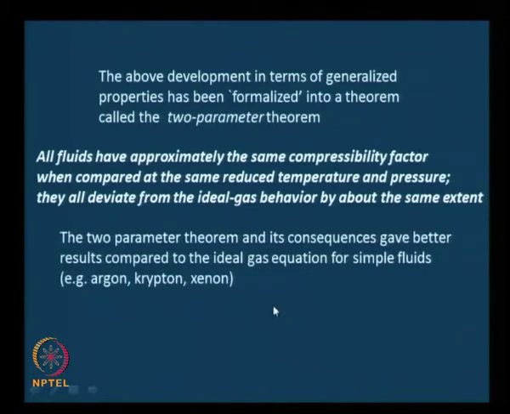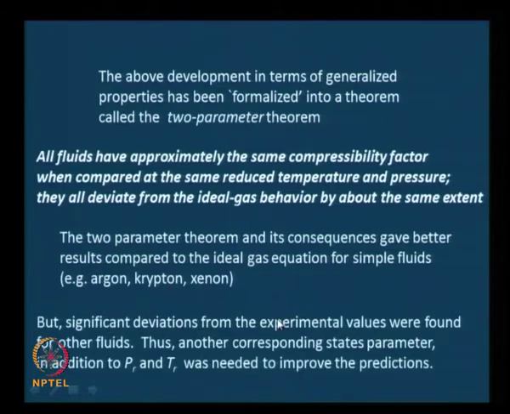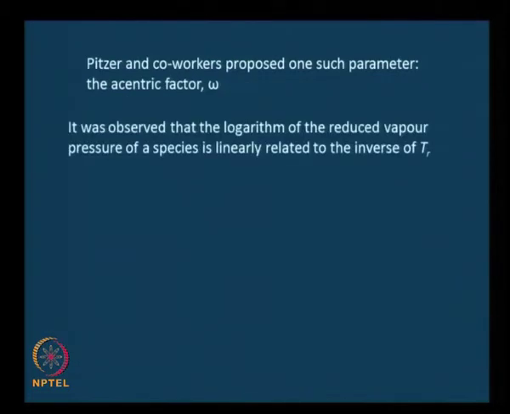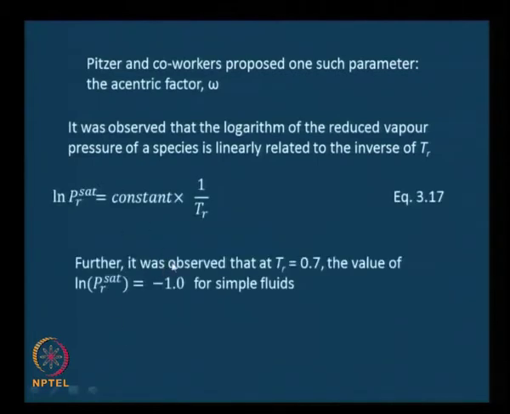It was found that the 2 parameter theorem's applicability was somewhat limited. It could give good results for simple fluids, whereas there were significant deviations for many other fluids. To account for that, Pitzer and co-workers brought in the eccentric factor. I will not go through the development here, you can look at the notes or the presentation slides later.